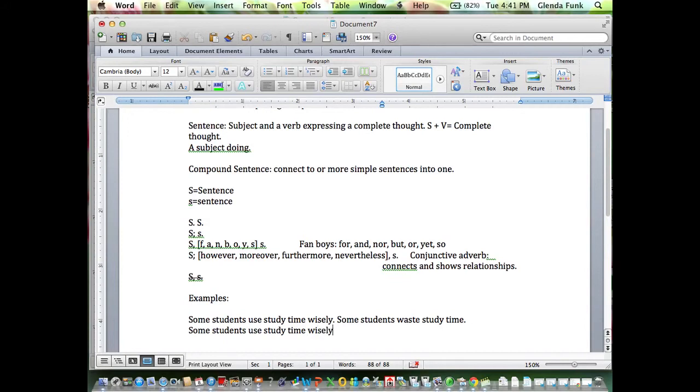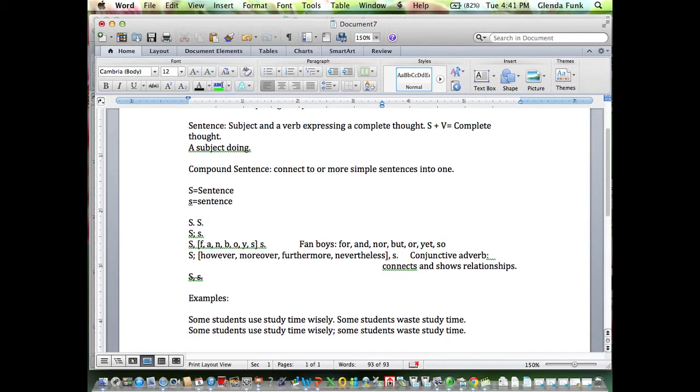And it's okay to go ahead and just copy and paste. And then some students waste study time. So I had all of this while I was working at the computer on the screen, discussing it with students.